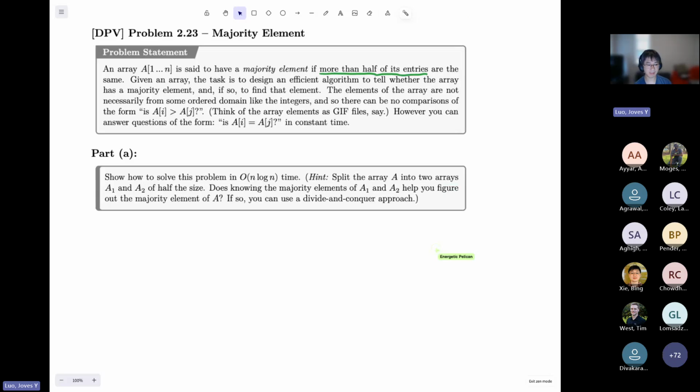If I look at this, what's my brute force? My brute force is to compare every entry with every other entry to see which gets the highest number of equals, and then count that up and see if that's greater than half plus 1. If I have to compare everything, this brute force is all n squared, so this would be a huge penalty.